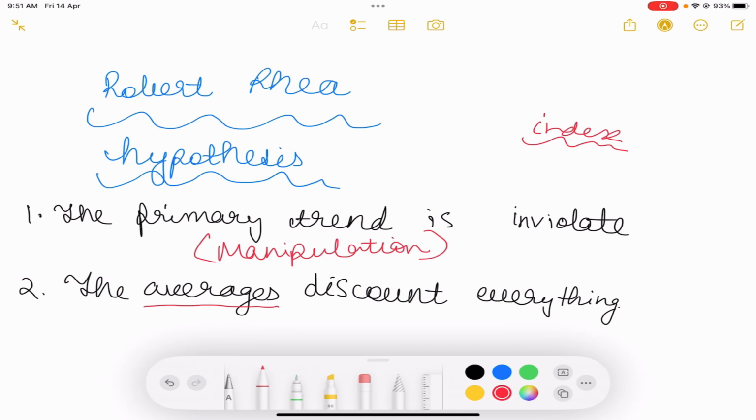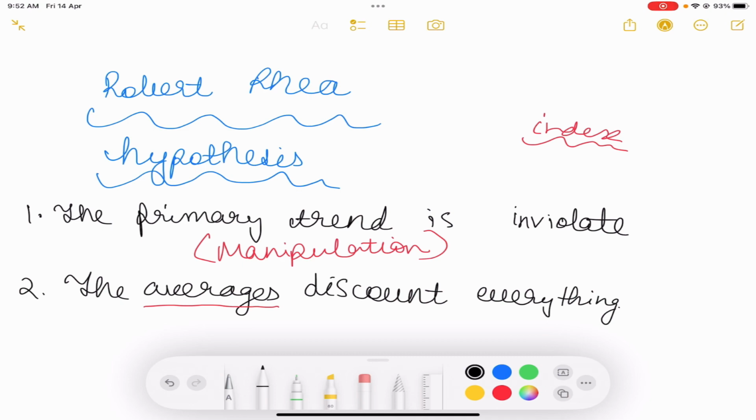All the information, all the news, all the speculation, all the profit results, every single thing is reflected in my index. Averages discount everything because prices are the result of people acting on their knowledge, interpretation of information and expectations. People are acting on that, and that is what is seen in the price changes.